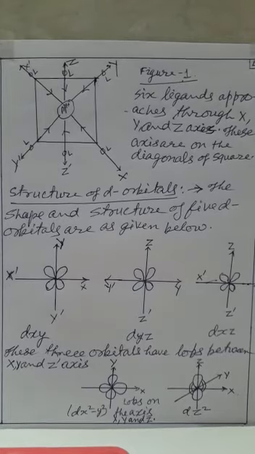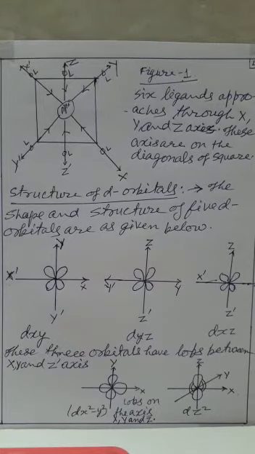Again, figure 1: 6 ligands approach through the x, y and z axes. These axes are on the diagonal of a square as given in the figure. Structure of d orbitals: the shape and structure of the 5 d orbitals are as given below. In this figure, dxy, dyz and dxz orbitals have their lobes between the x, y and z axes.